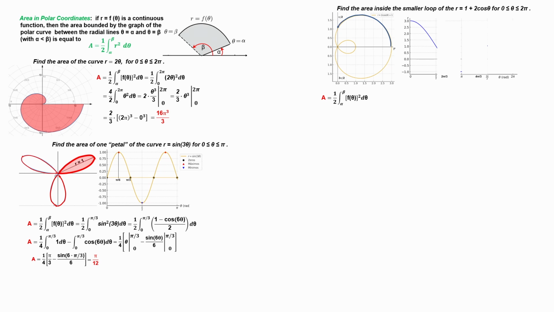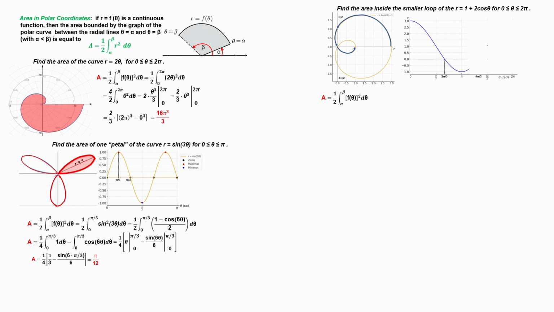As theta increases from pi over 2 to 2 pi over 3, r decreases from 1 to 0. As theta increases from 2 pi over 3 to pi, r increases from 0 to 1.